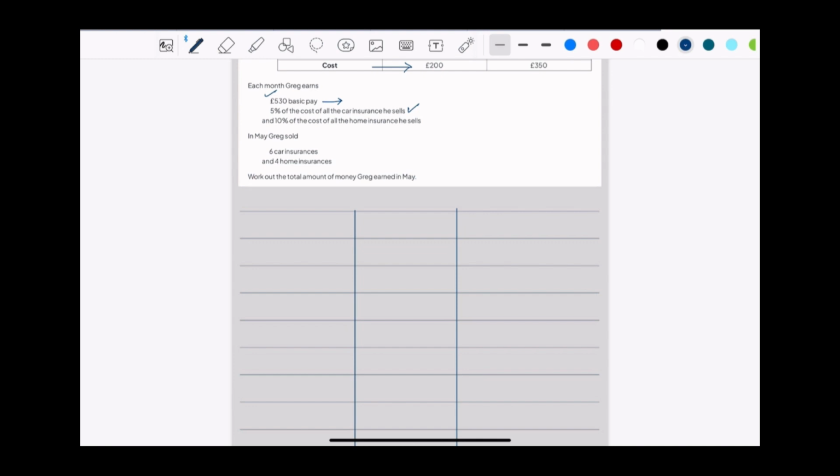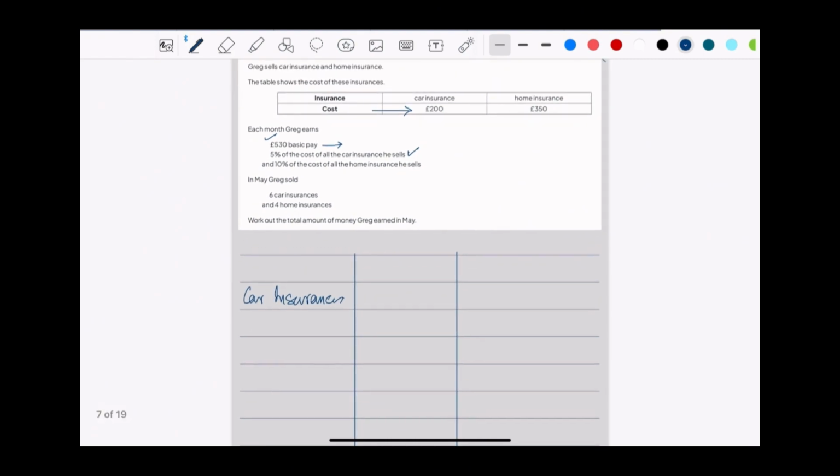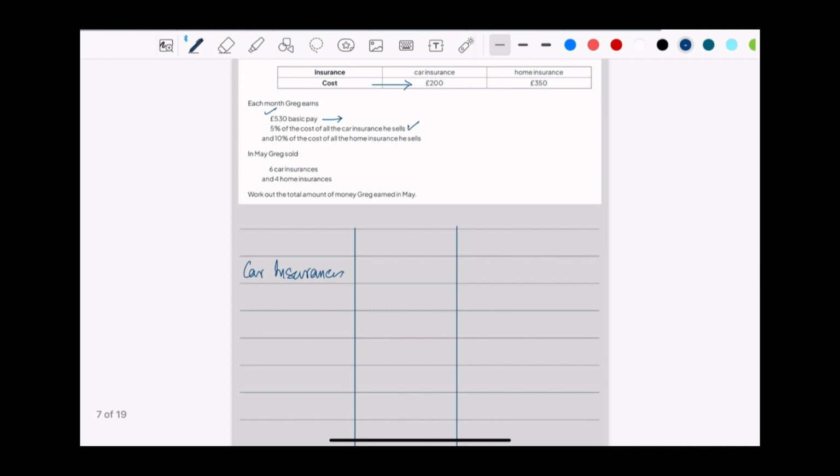So let's say he sold 6 car insurances, and we have to find out the total amount of money he took in May. Each car insurance is £200 and he sold 6 of them.